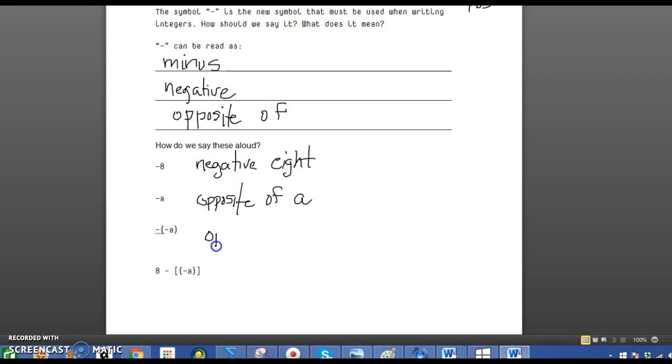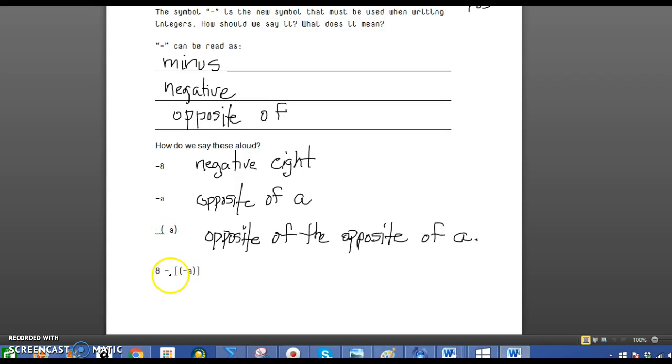So this would be opposite of the opposite of A. And if you read that and think about it, that tells you exactly why two negatives undo each other, and it gets us back to A again. Again, we don't know if A is positive or negative. We just know that if we take the opposite and then take the opposite again, we get back to where we started from, the original A.